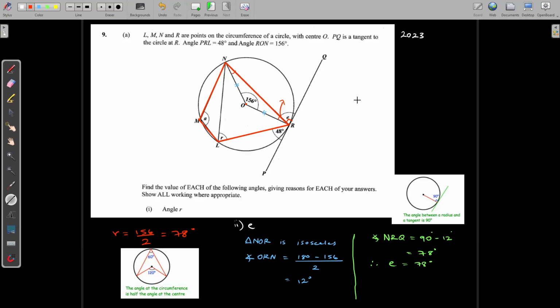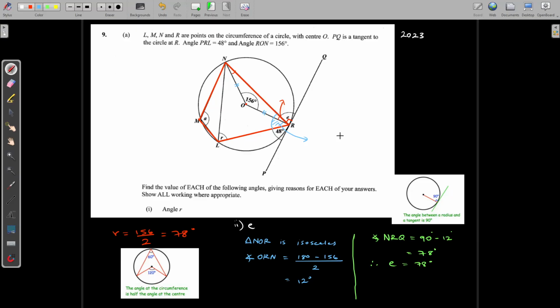So in order for us to find angle A, we'd need to find this entire angle over here. And would it be possible to find this angle here? We already know that this little piece is 12. So can we find this piece inside here? Let me shade it. Yes. How are we going to find it?